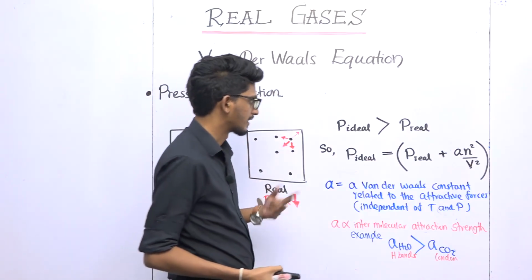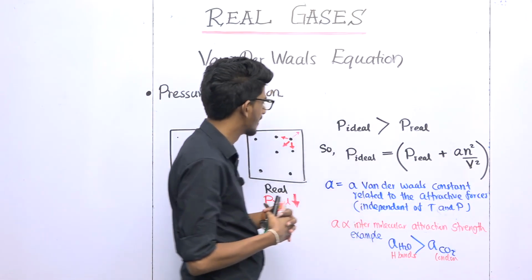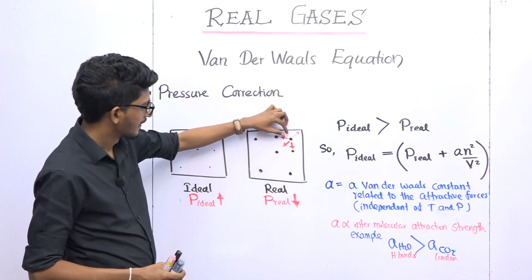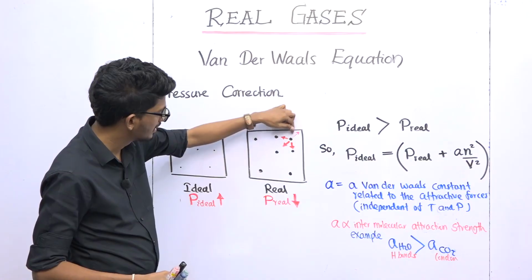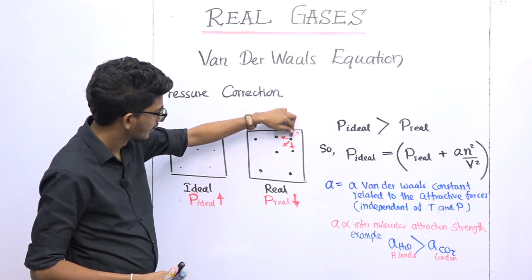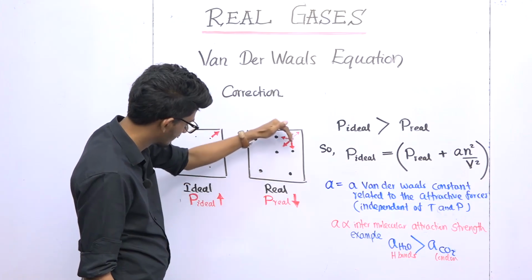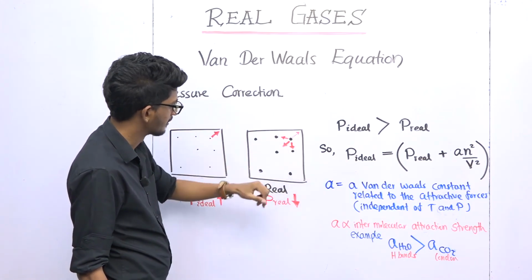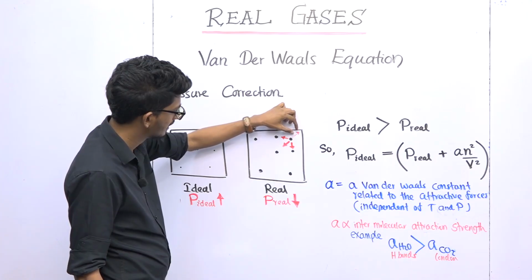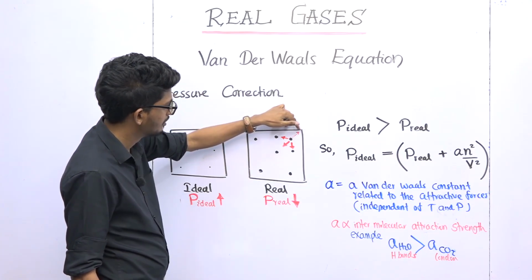Attractive forces greater means the particles will hit the walls with very low force. When the attractive forces are stronger, the backtrack will be felt more strongly by these particles, so that they will hit the walls with a smaller force. So that pressure will be very low.